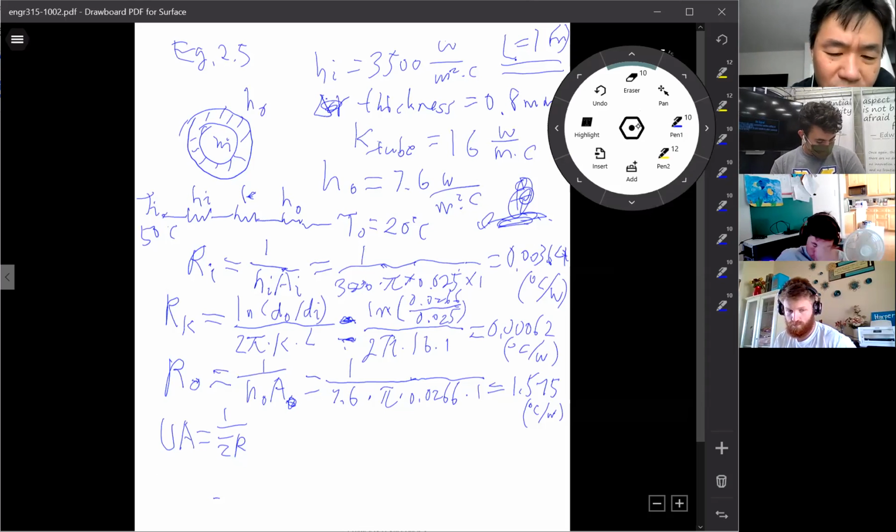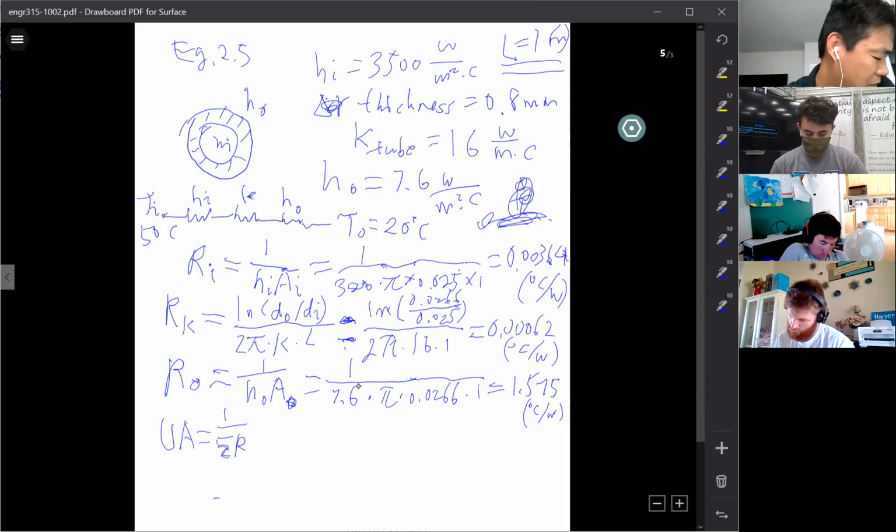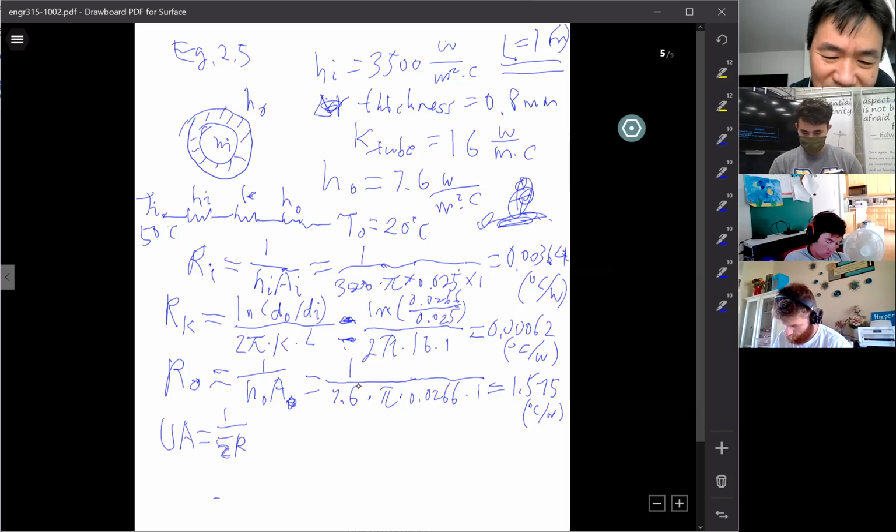Okay, so after you calculate all the R's, 1, 2, 3, then your UA adds them together. Oh, okay, he asked me to calculate the U, so I need to do that. So you need to separate the A. Okay, that makes sense.